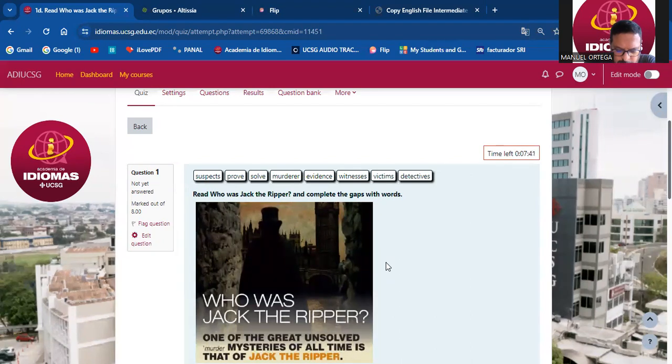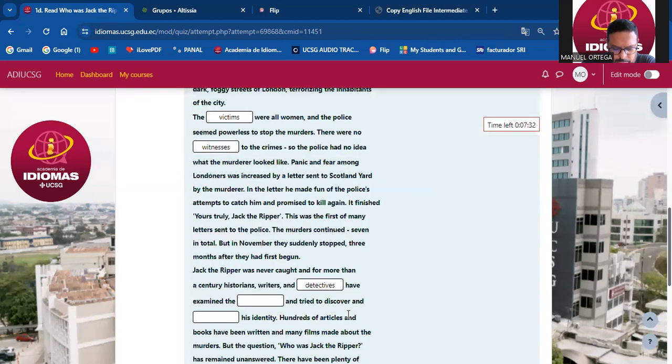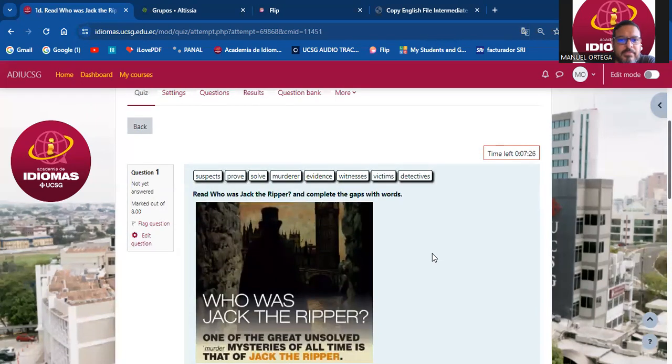Detectives. Exactly. And detectives have examined the, detectives, what they look for, what they examine. Evidence.